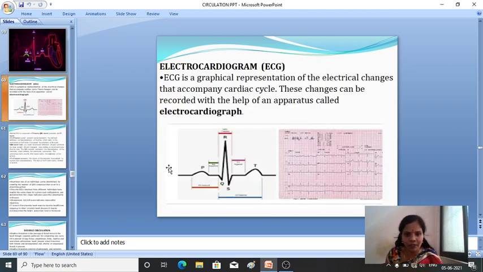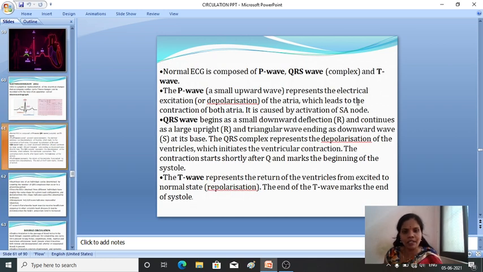It represents the electrical excitation, or the depolarization, of the atria, the auricles, which leads to the contraction of both auricles. It is caused by the activation of the SA node, the sinoatrial node.